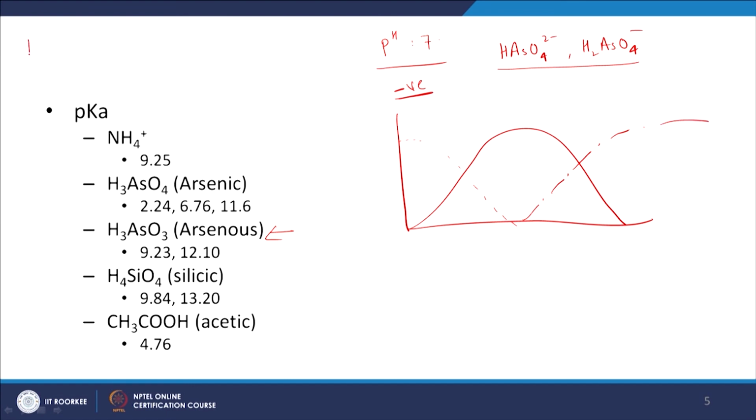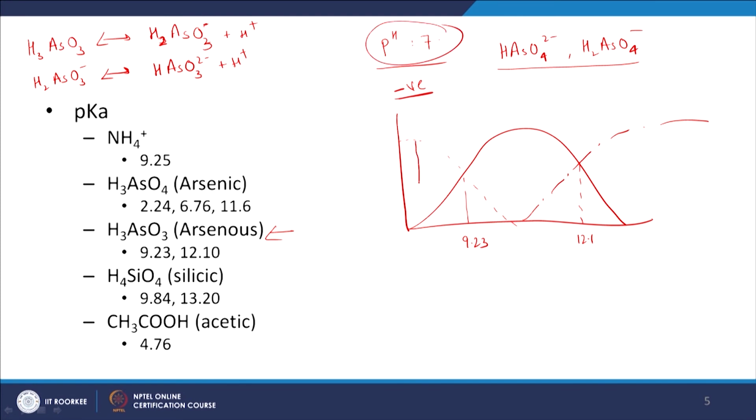So, H3AsO3 can dissociate into H2AsO3 minus plus H plus, and again H2AsO3 minus can further dissociate into HAsO3 2 minus and another H plus. The pKa values for that are 9.23 and 12.1.